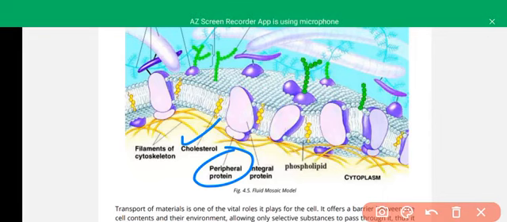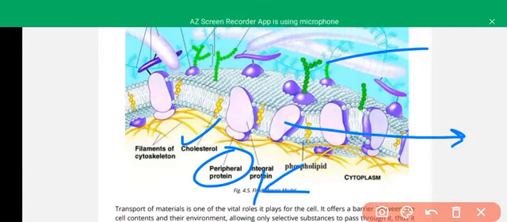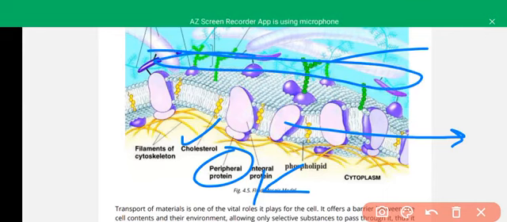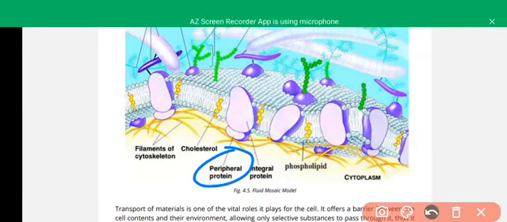It is actually composed of three phases: the extracellular phase, the intramembranous phase, and the cytoplasmic phase. And it is non-symmetrical because the things present here are not found there, like the filaments of the cytoskeleton on the lower side.